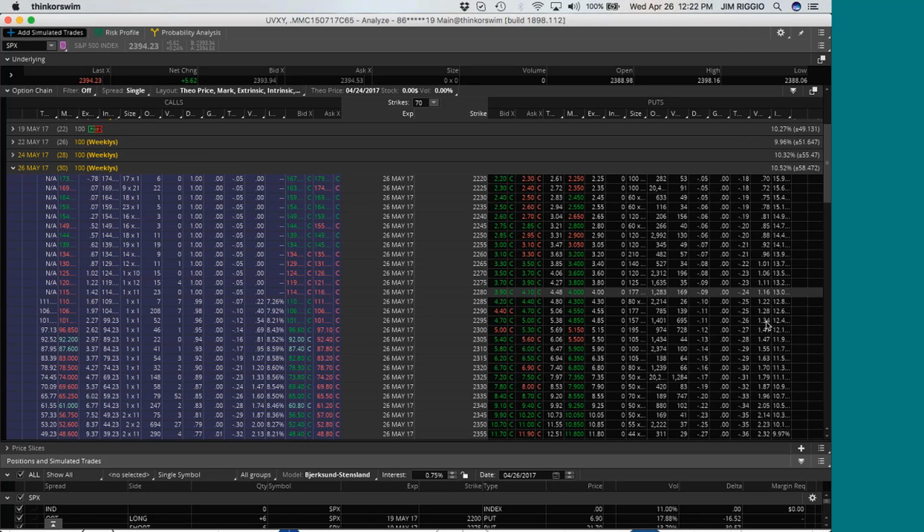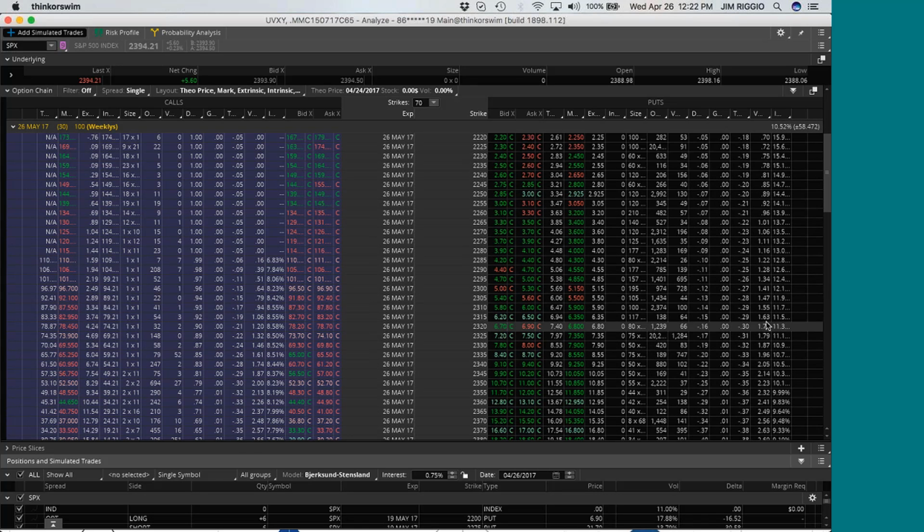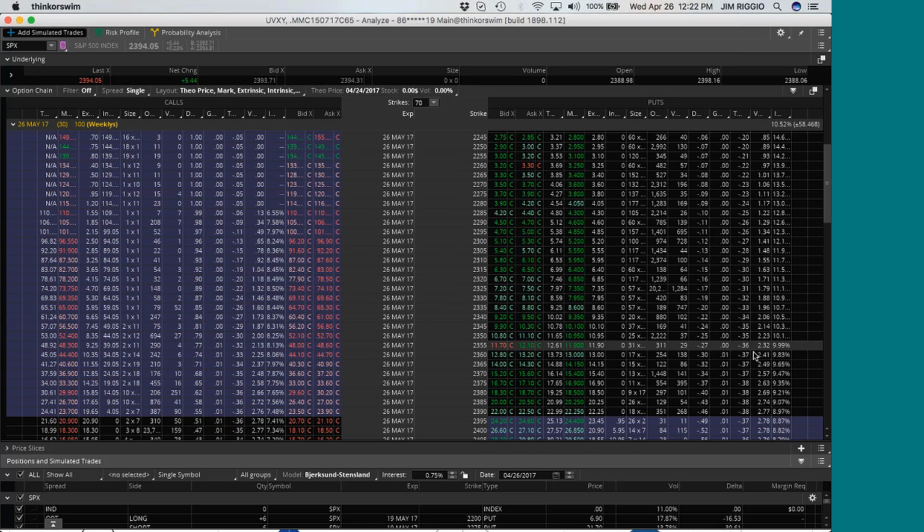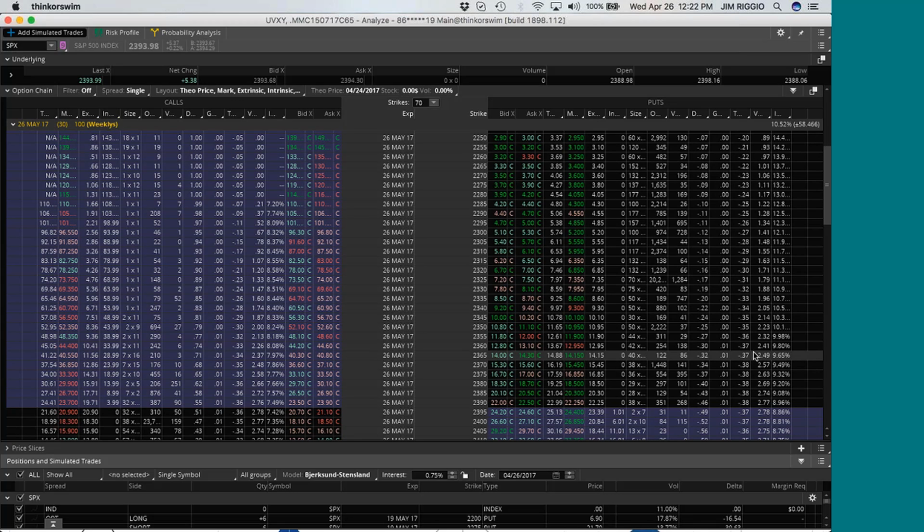Before, say, 2008, the entire skew curve would move. It wouldn't change its shape as much. Would implied volatility go up? Yes, but things went much more according to the way they would normally work.